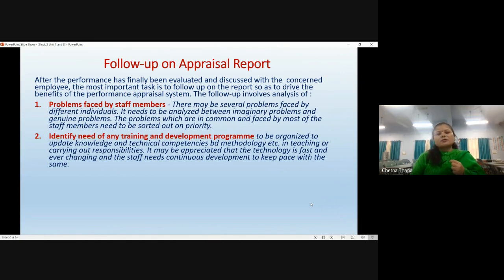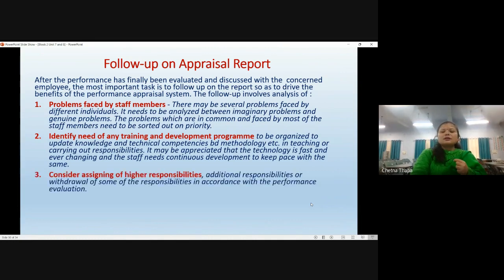Technology is a very fast and ever-changing revolution, so the staff might need continuous development to keep pace with it. So you need to identify which kind of training or development program will solve the problems of the staff members.